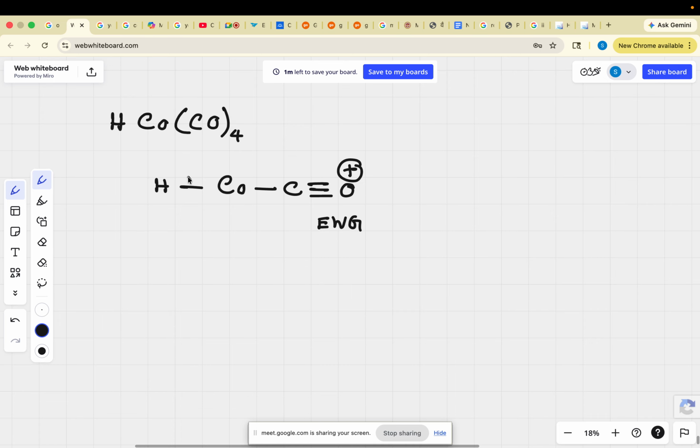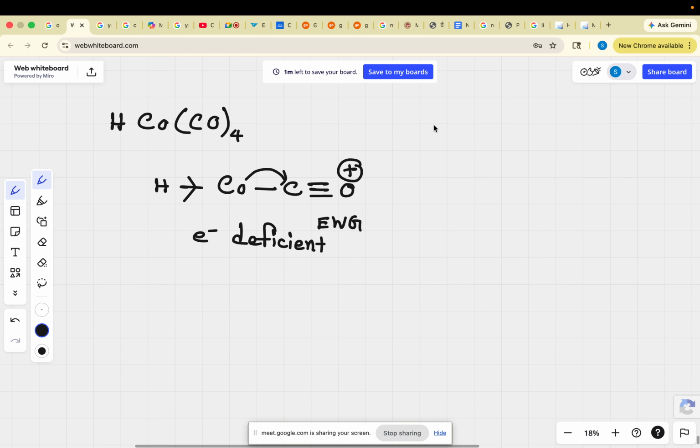So the electrons are coming to the cobalt center, cobalt is donating electrons to the pi star orbital of carbonyl, right? So this metal center is becoming electron deficient. With an electron withdrawing group, the hydrogen can release as H plus.